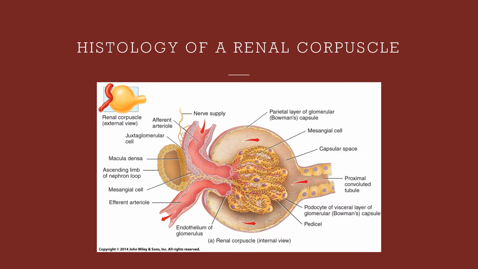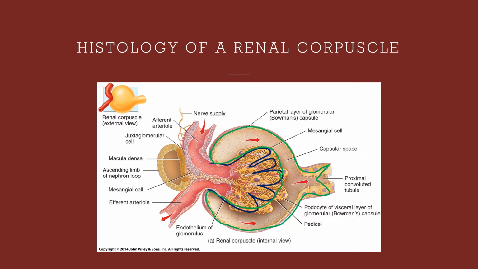So just for the sake of this example, we can think of this glomerulus here being the fist here. So that will be the fist, and then this part all around is going to be the limp balloon. All around here.